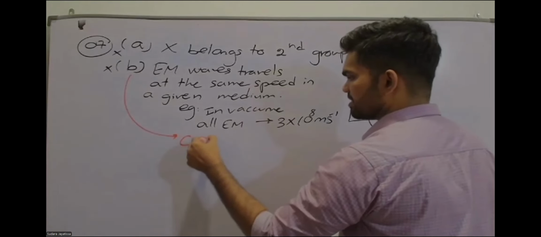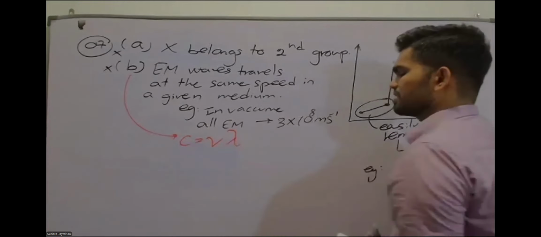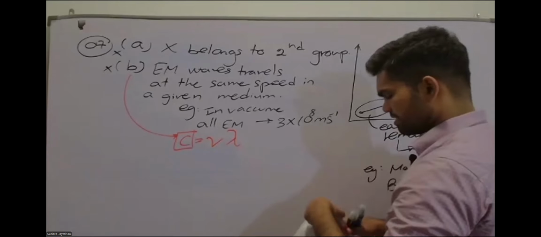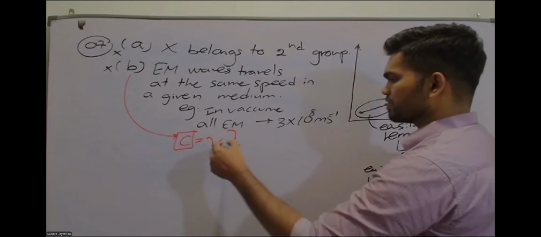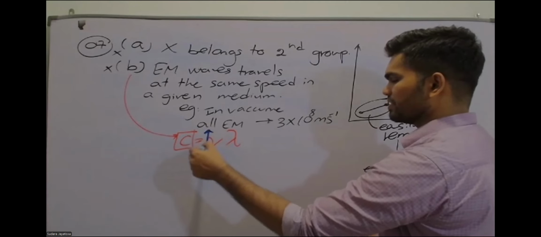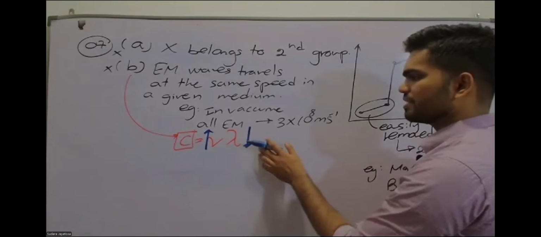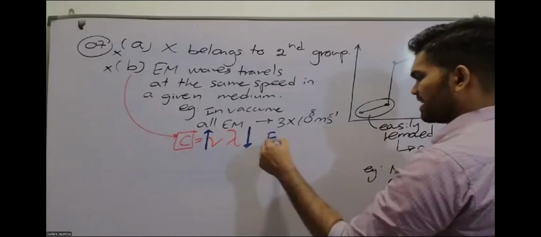See, c equals nu lambda. If c is constant, then electromagnetic waves differ from one another because of frequency and wavelength. Let's say frequency is higher, wavelength is lower, like that.